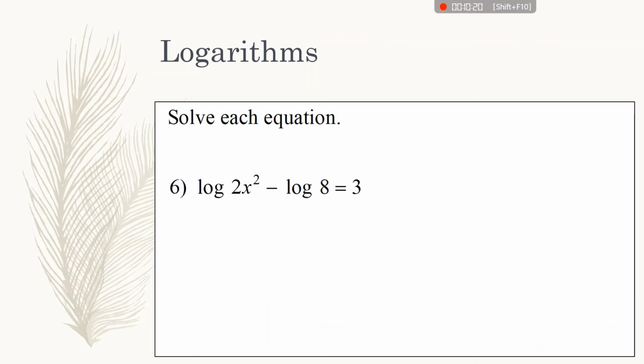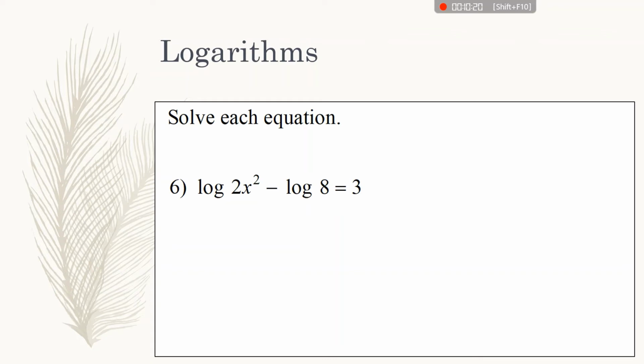Okay, one more. With my quotient property of logarithms, what's going to happen when I combine these? If I was adding, then they would multiply.